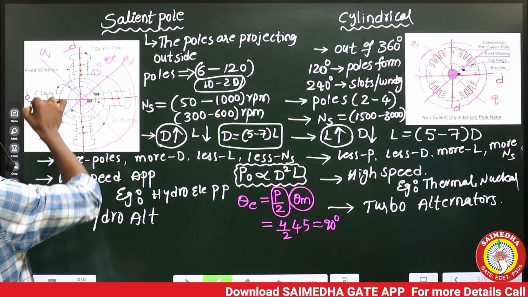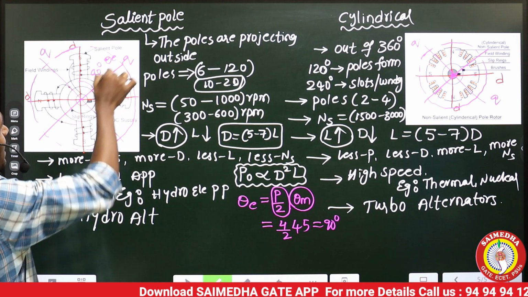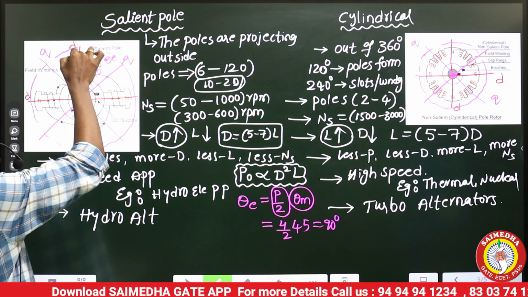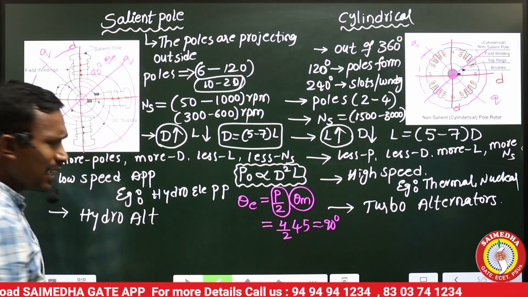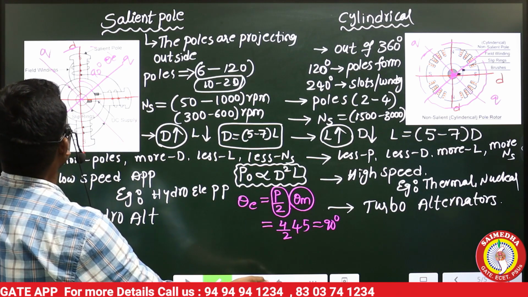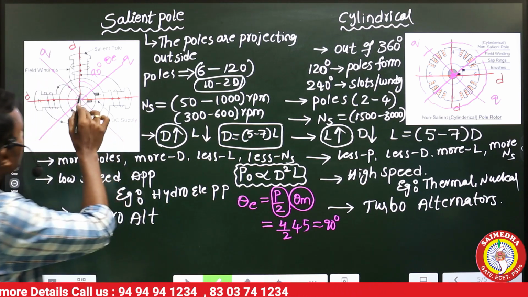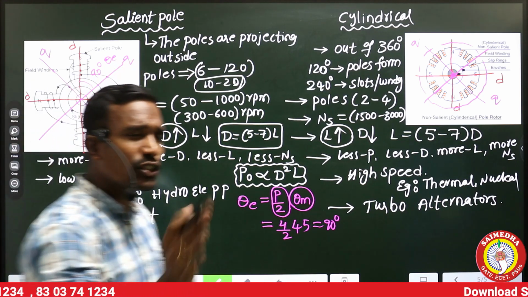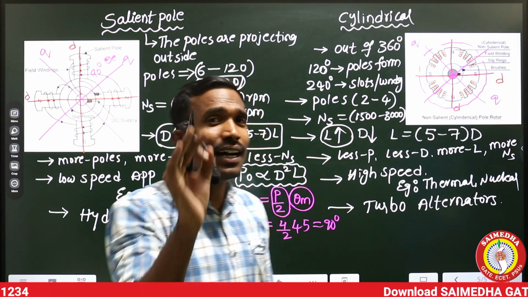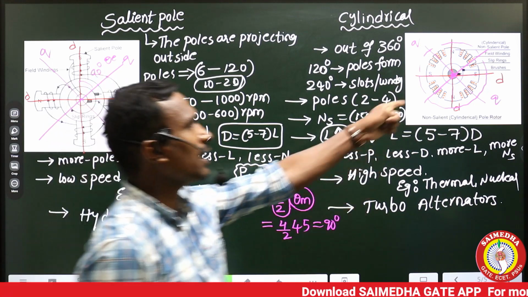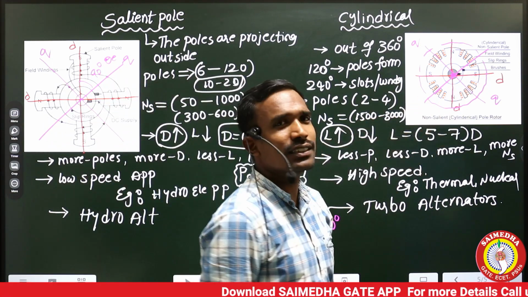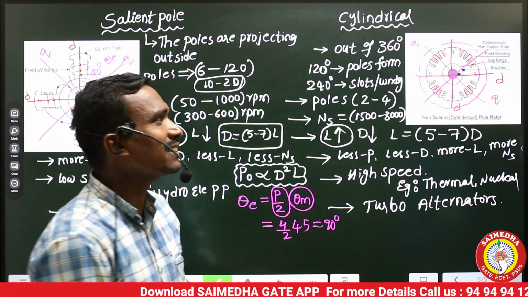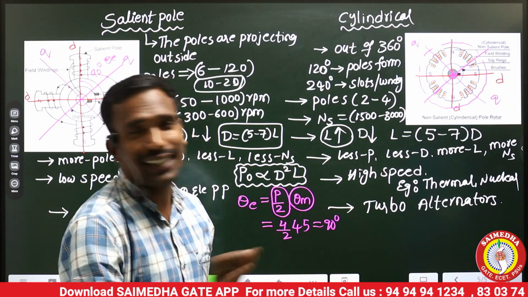If this is my stator, see here the air gap length is more, but here the air gap length is less. So in this case, the air gap length along the q-axis is much greater than the air gap length along the d-axis. But when coming to here, the air gap length is uniform along the d-axis and q-axis.